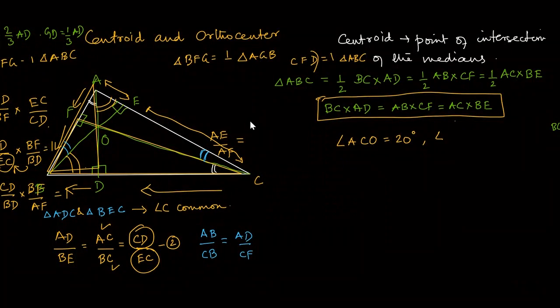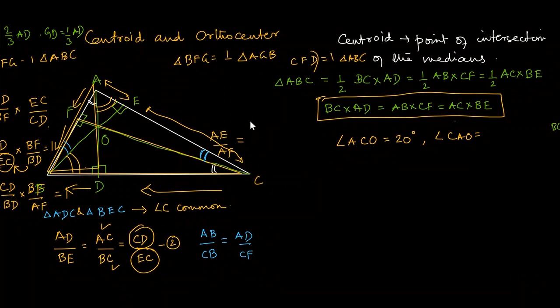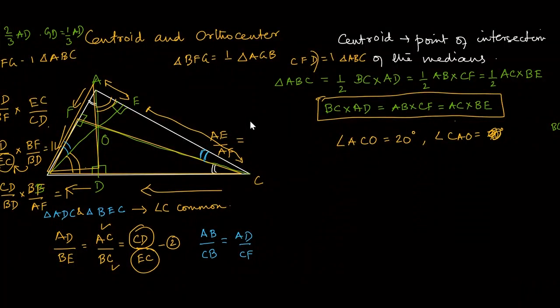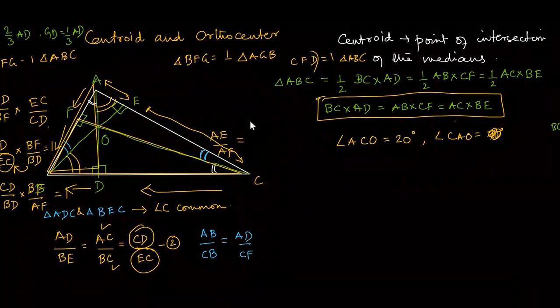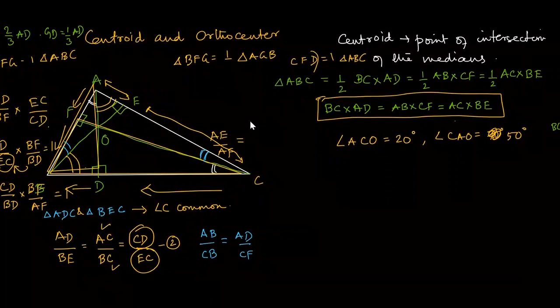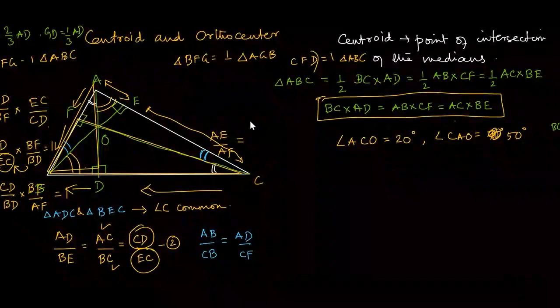Angle CAO would be, not 70, sorry, angle CAO would be 50 degrees. And you are asked to find the rest of the angles. How will you do it?